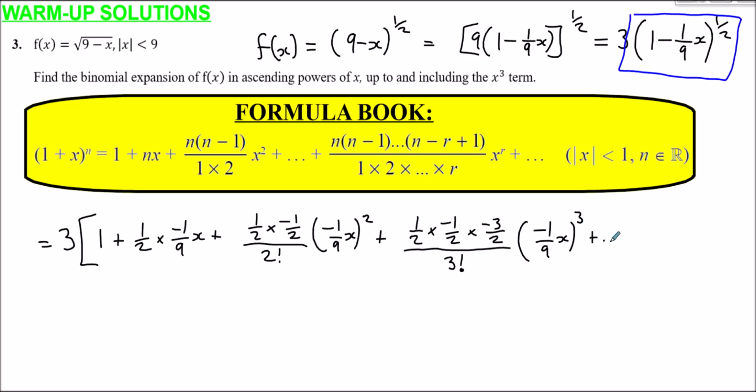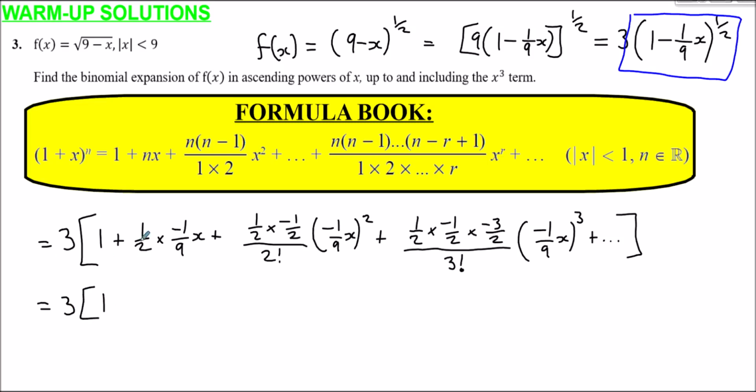Obviously it would go on and on, but we're truncating it to the x cubed term. We can forget the higher powers because they converge to 0 as long as the modulus of this thing is less than 1. I'll leave the 3 on the outside for now as we simplify.